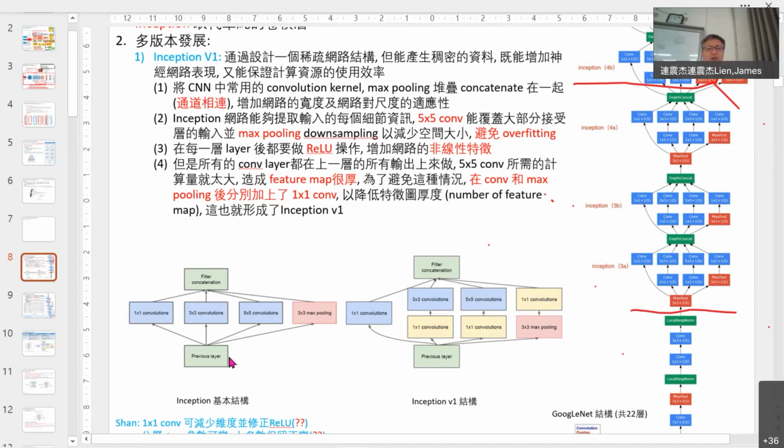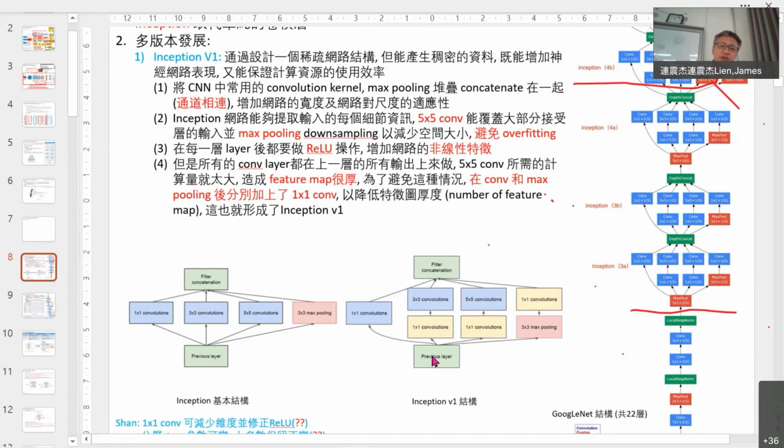Suppose there are 64 maps, so each branch's output is 64. Oh sorry, the output is concatenated, so it will be 64 times 4. Your input is 64 channels, your output becomes 64 times 4 maps, so your parameters become many.